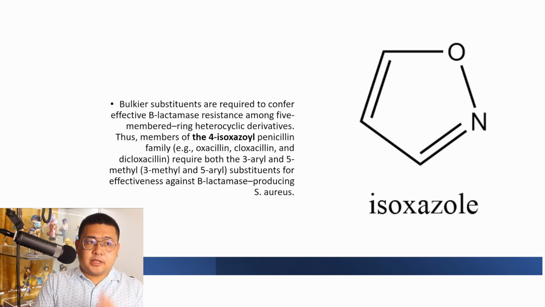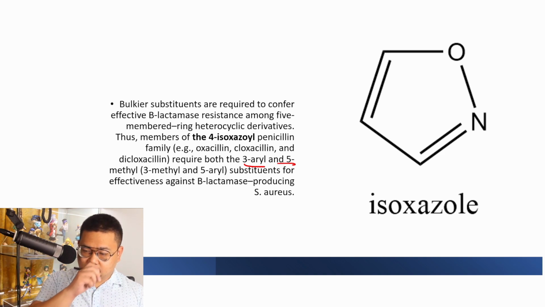Next, bulkier substituents are required to confer effective beta-lactamase resistance among 5-membered heterocyclic derivatives. In particular, the members of our 4-isoxazolyl penicillins, our cloxacillin, oxacillin, dicloxacillin, require both the 3-aryl and the 5-methyl substitutions to have effectiveness against beta-lactamase producing Staphylococcus aureus. So this is our isoxazole on the screen.